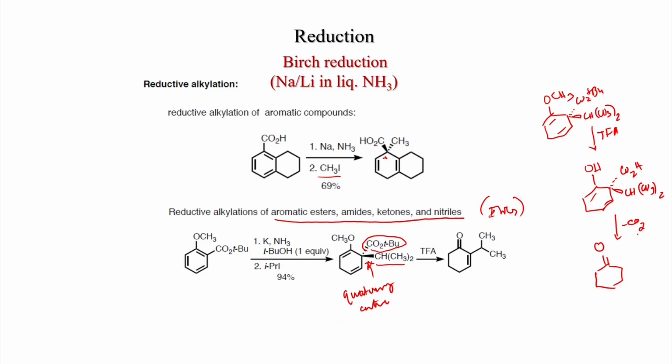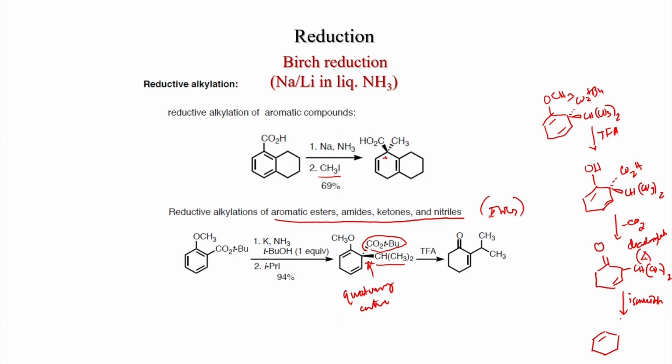The decarboxylation is possible if you heat it, and now you get this one, CH3, and now the isomerization will happen, which gives the conjugated enone.